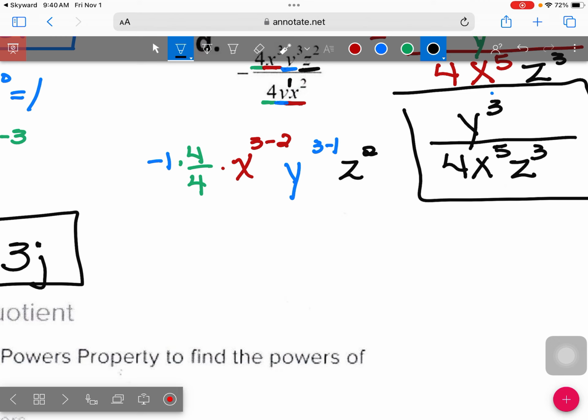So simplifying, I have -1. What is 4 divided by 4? It's just 1, right?